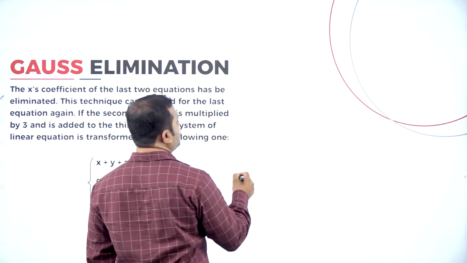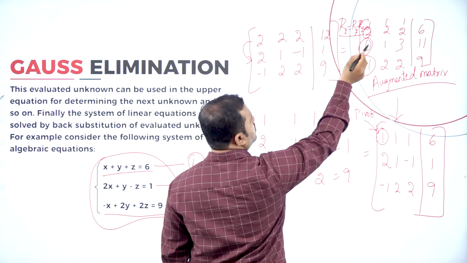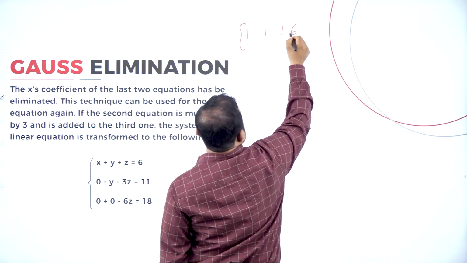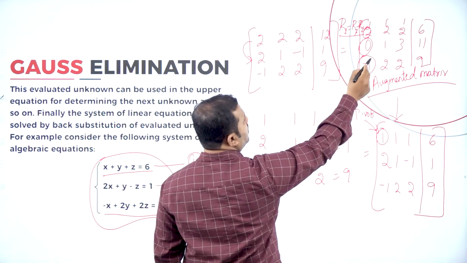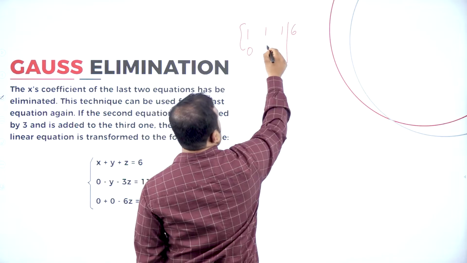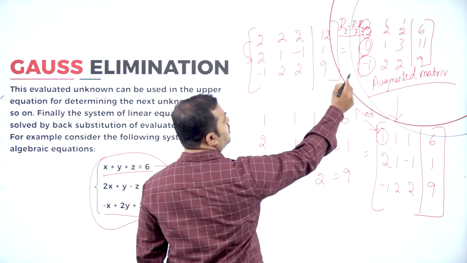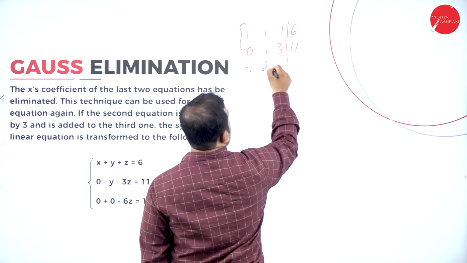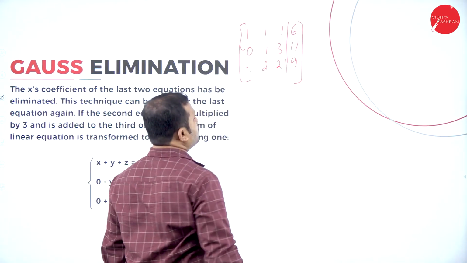Now I have this. Let me rewrite the same thing: 1, 1, 1, 6; 0, 1, 3, 11; minus 1, 2, 2, 9. We have this form.